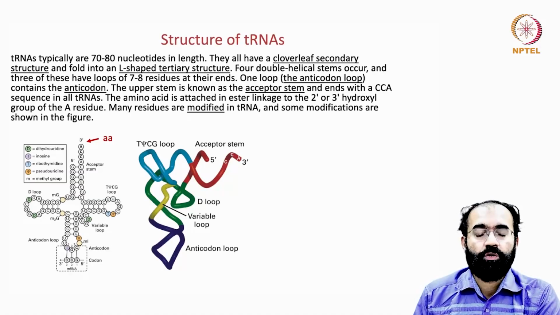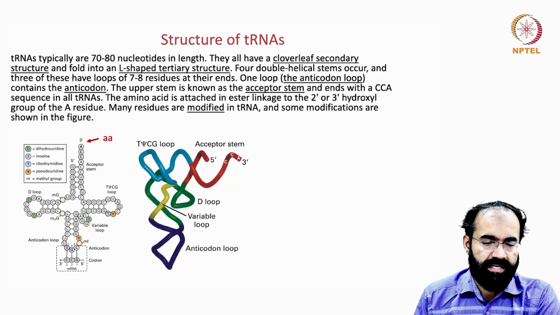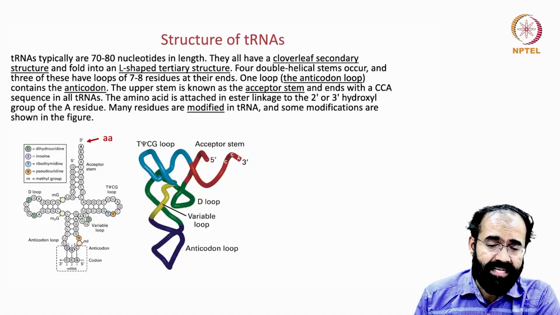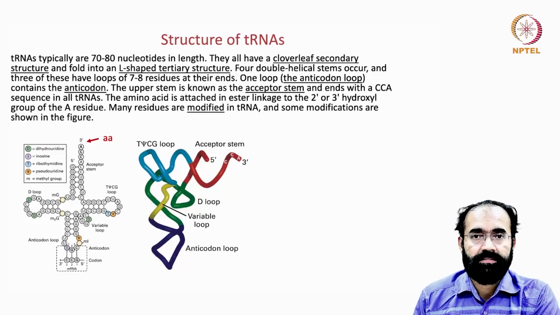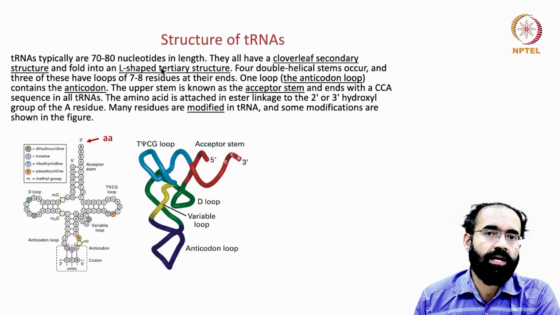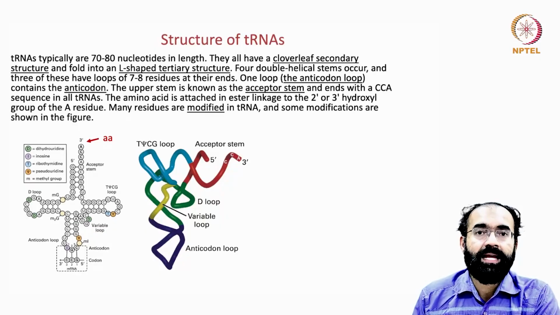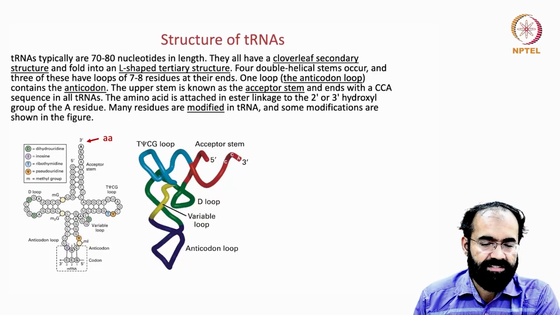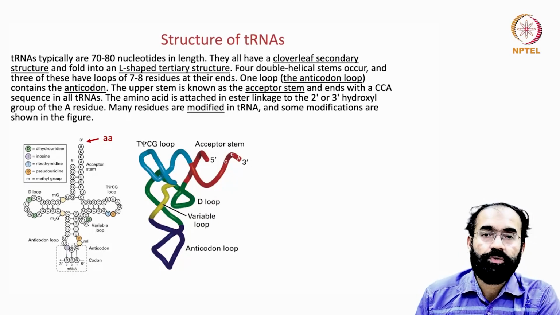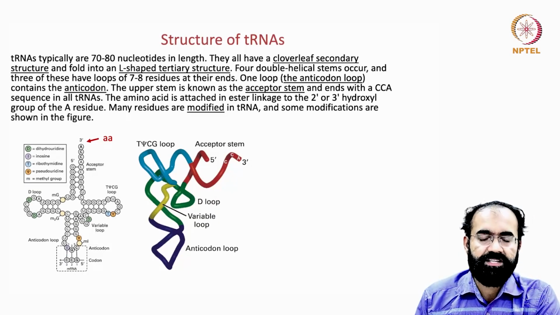Now let us look into the structure of tRNAs. tRNAs are roughly 70 to 80 nucleotides in length. The initial transcript is much longer to start with, and undergoes maturation, splicing, etc. They all have a cloverleaf secondary structure and fold into an L-shaped tertiary structure.